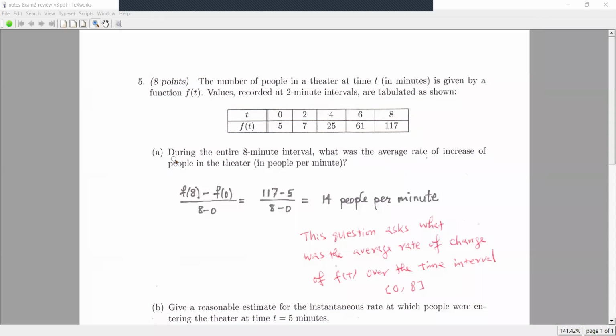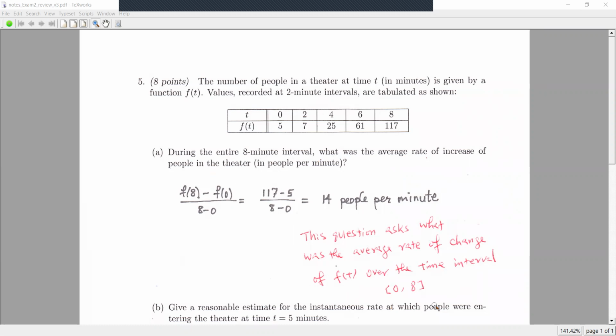Part A. During the entire 8-minute interval, what was the average rate of increase of people in the theater? This question is asking for the average rate of change of function f over the time interval from 0 to 8.